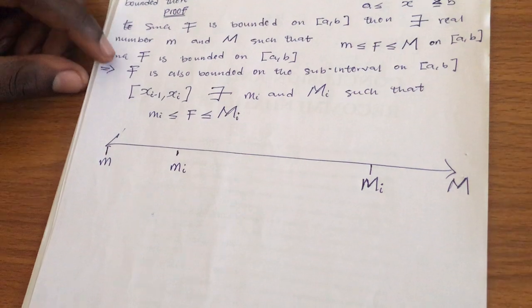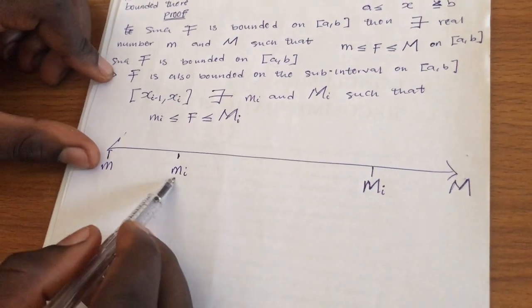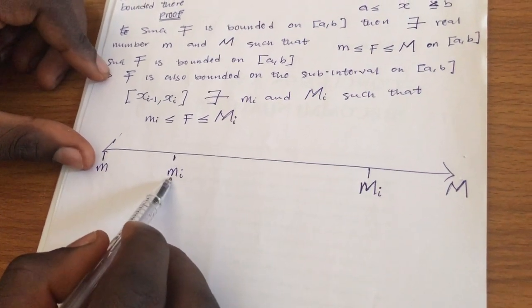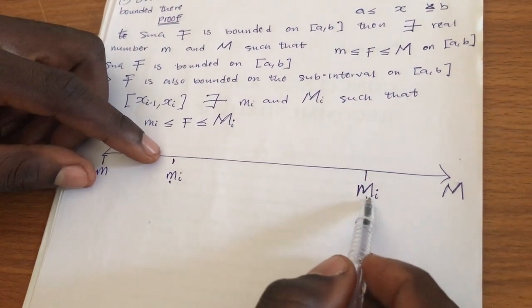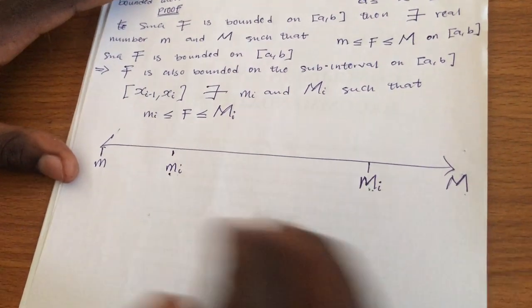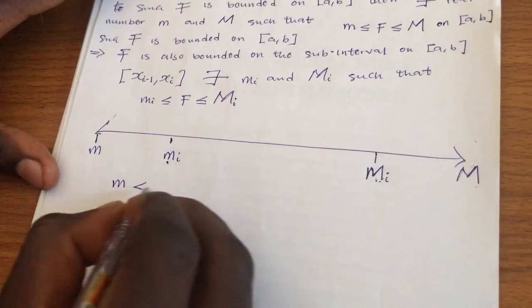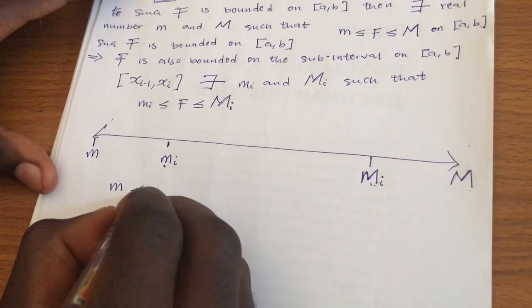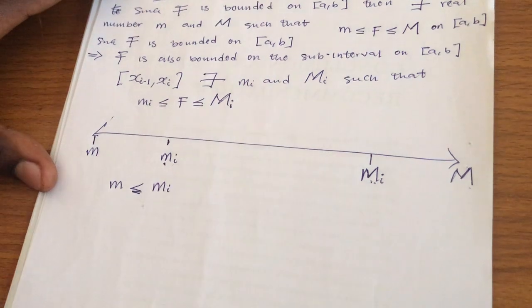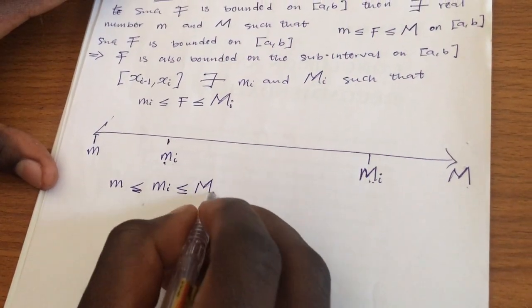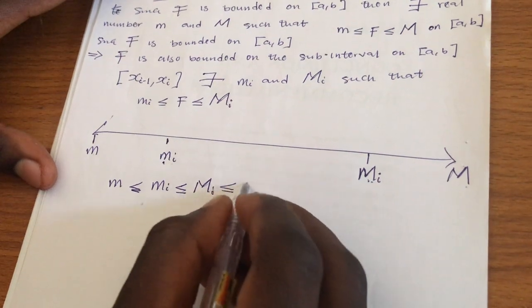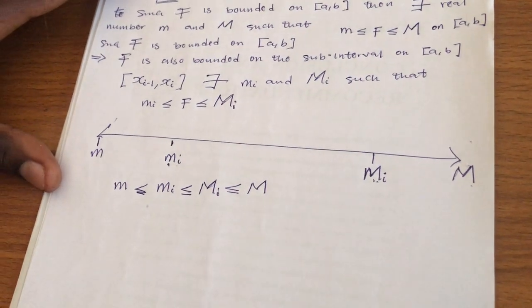We can see clearly that m is smaller than m_i, and m_i is smaller than capital M_i, and capital M_i is smaller than what? Capital M. So I can write it as m less than or equal to m_i less than or equal to M_i, like this. Do you get it?